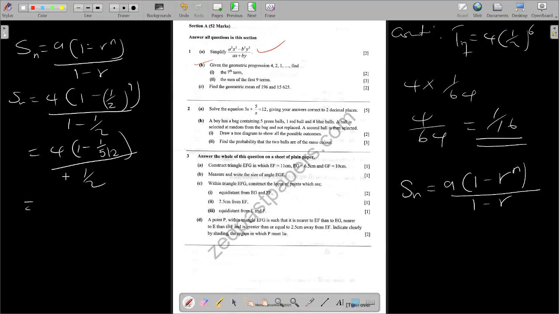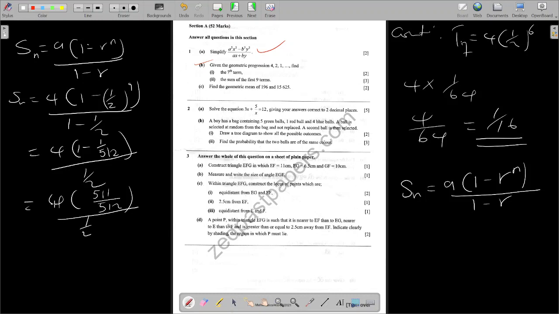Now since we have this, what are we going to do here? The common denominator is 512. So just write 4 open bracket, then the answer is 511 divided by 512, divided by 1 over 2.